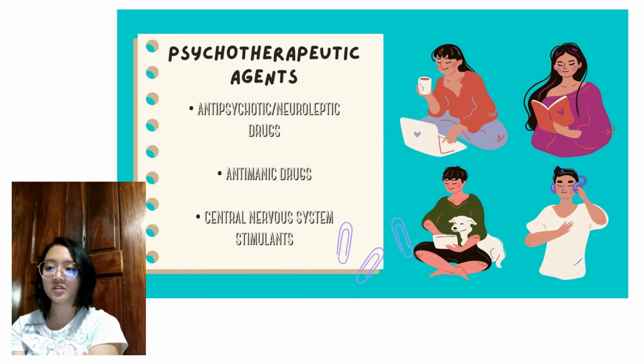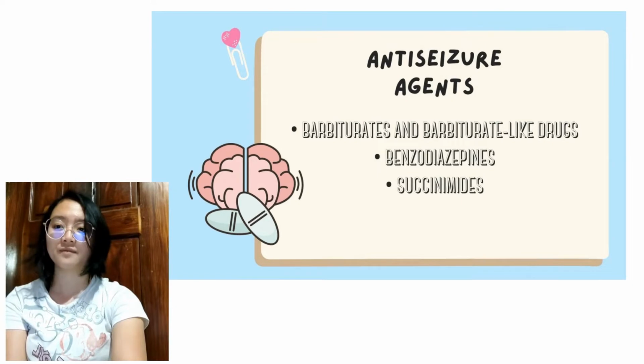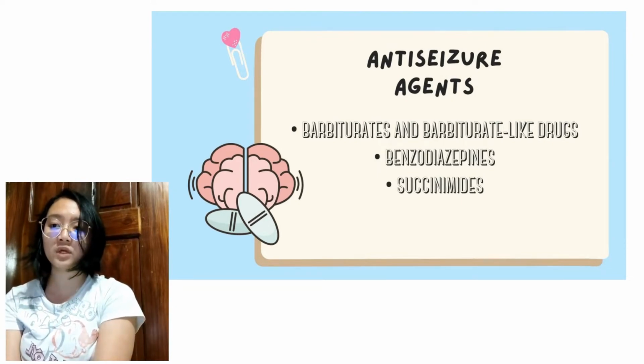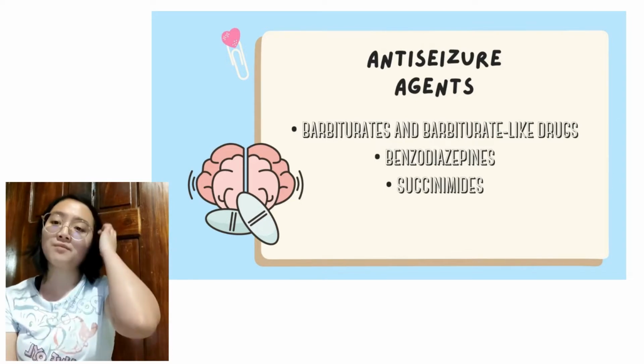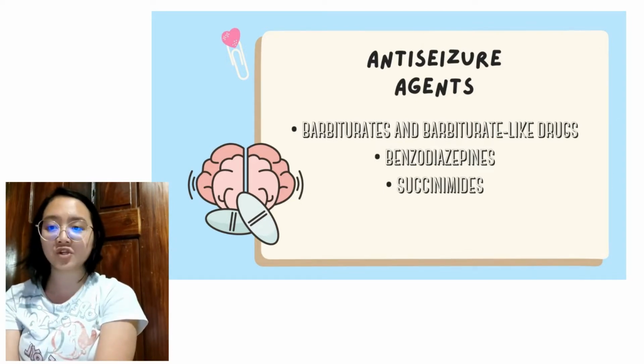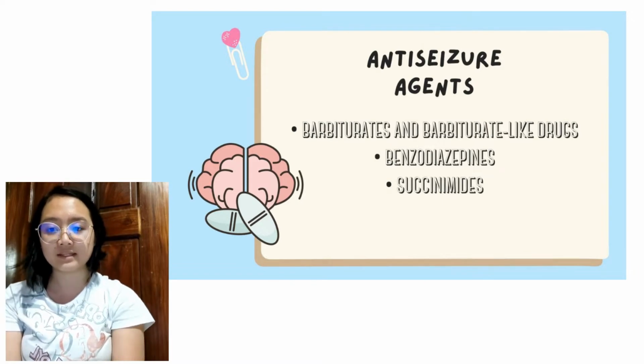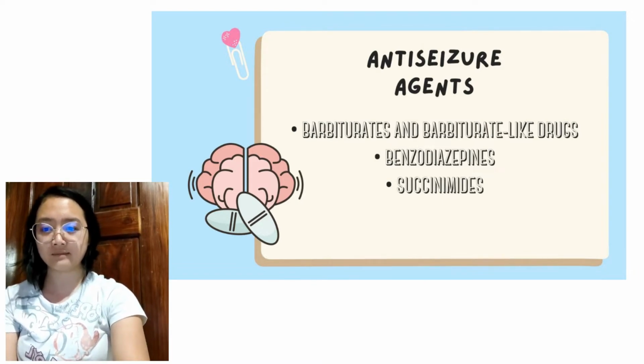Under this classification are the antipsychotic or the neuroleptic drugs, the anti-manic drugs, and the central nervous system stimulants or the CNS stimulants. Seizure agents. Under this classification, we have also, again, the barbiturates and barbiturate-like drugs, the benzodiazepines or the benzos, and lastly, the succinimides.